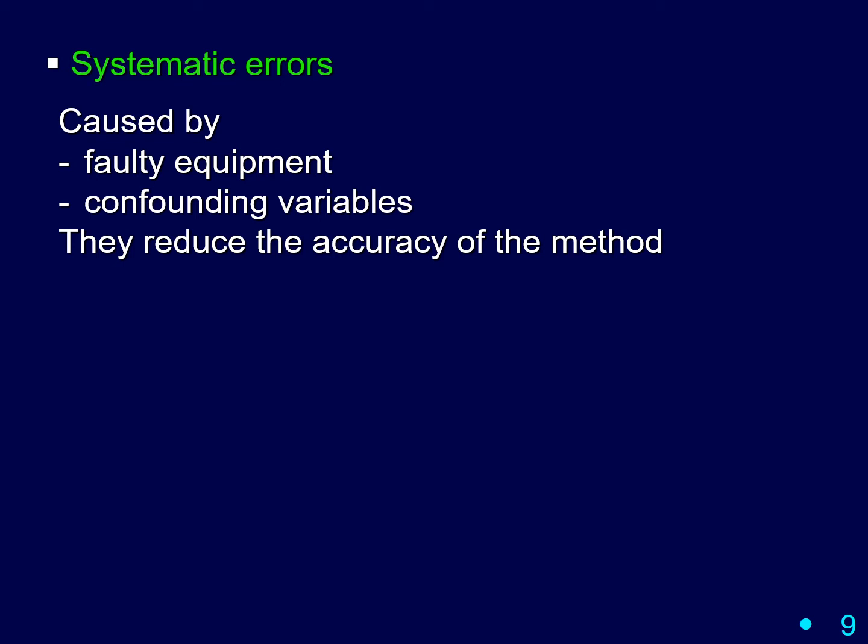Now systematic errors reduce the accuracy of the method. They will get you a result which is away from the true value, and away from the true value in a similar way each time it's repeated. Repeating it will not help. So again, I'm going to give an example of one systematic error.